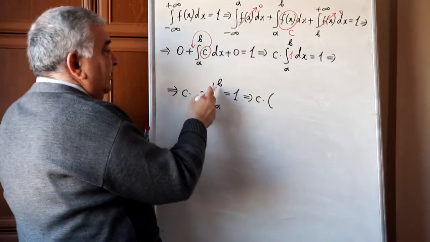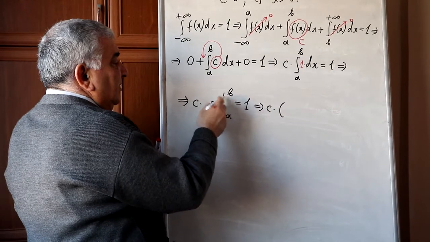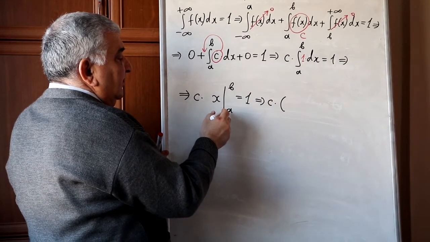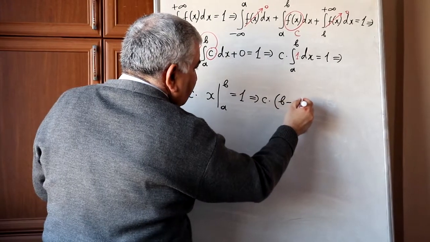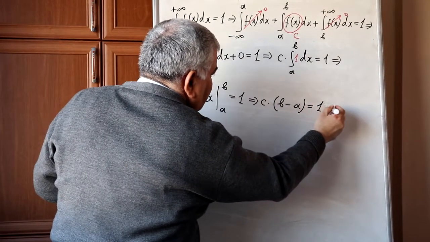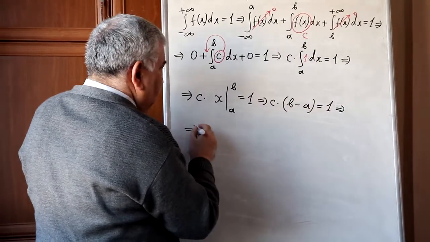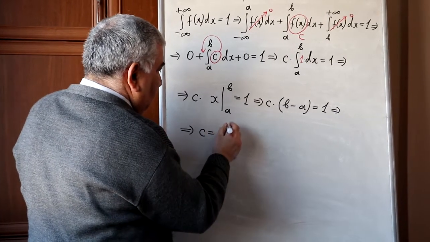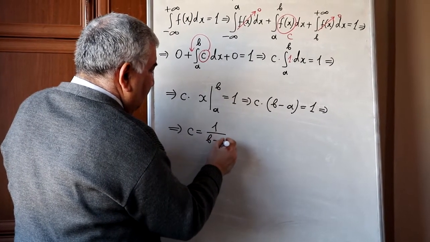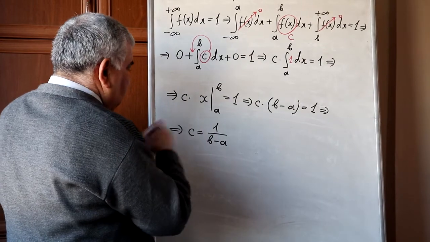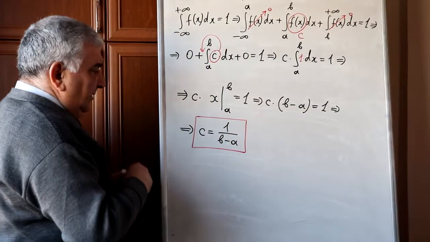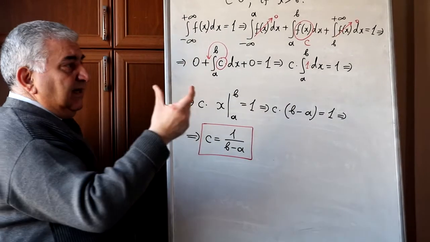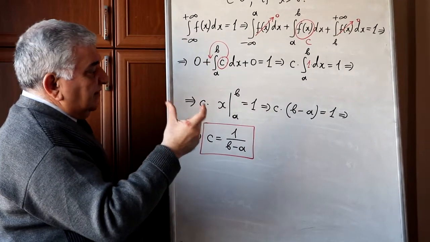At first substitute b instead of x, minus then substitute a instead of x. B minus a times c is unit, so c is 1 over b minus a. Here b minus a is the length of the interval a, b.